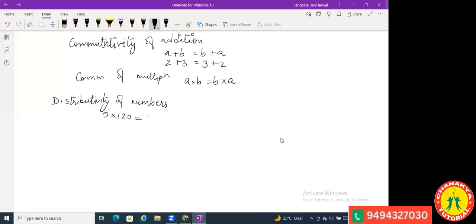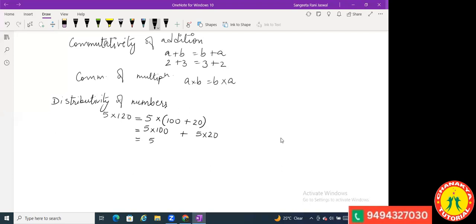How can I write this with the distributive rule? I can write 120 as 100 plus 20. I have just distributed 120 into 100 plus 20. Are you understanding? Yes, ma'am. So I have distributed this. So this gives me 5 into 100 plus 5 into 20.